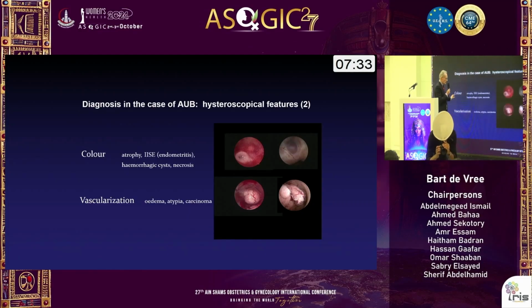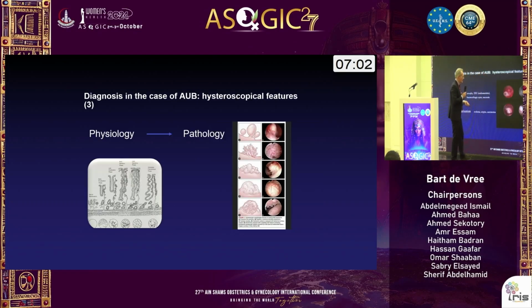We look at the color of the endometrium, because we can have this purple-like superficial adenomyosis, or you can have this strawberry pattern, but I will tell you later that we like to call it IISE, so I will tell you later what it is. We look at the vascularization. We can have abnormal vascularization, like in atypia or in carcinoma.